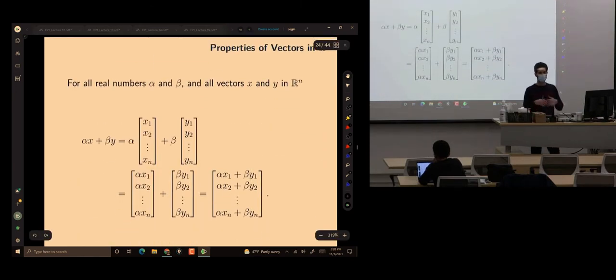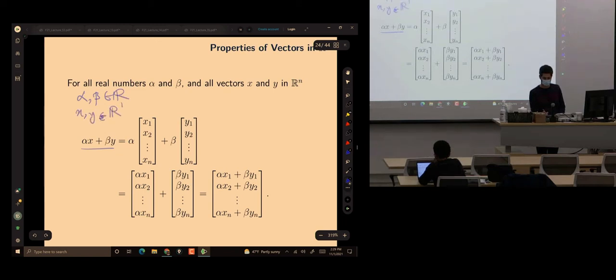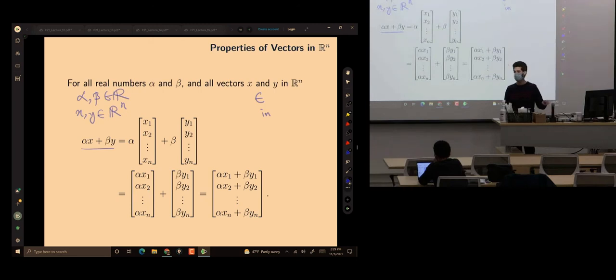The property of vector spaces was that the linear combination was defined in a way that alpha times x plus beta times y, where alpha and beta are real numbers and x and y are vectors. This notation means in or belong. That means x and y belong to or live in the space Rn.